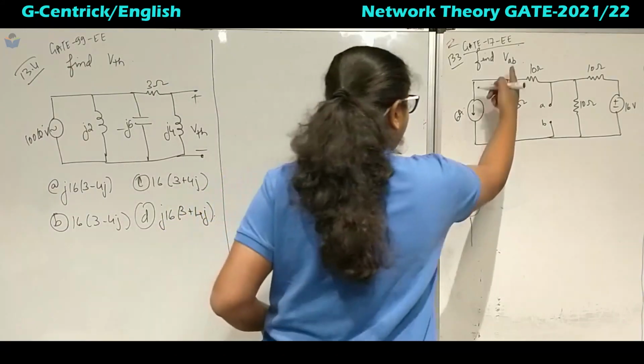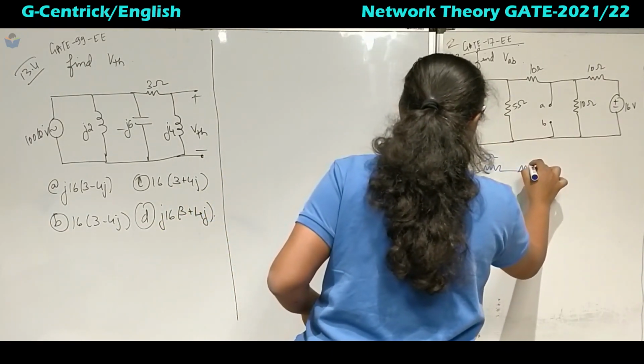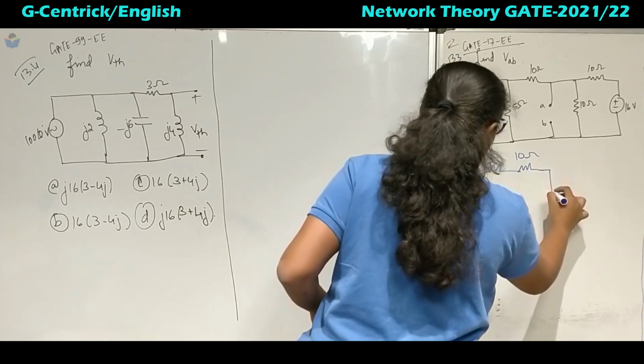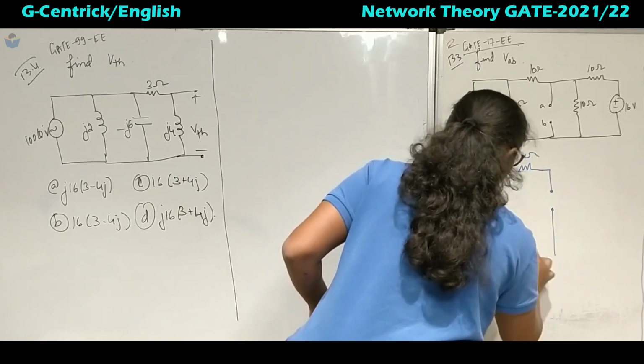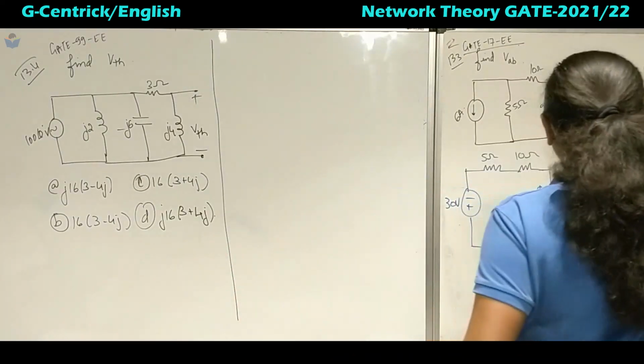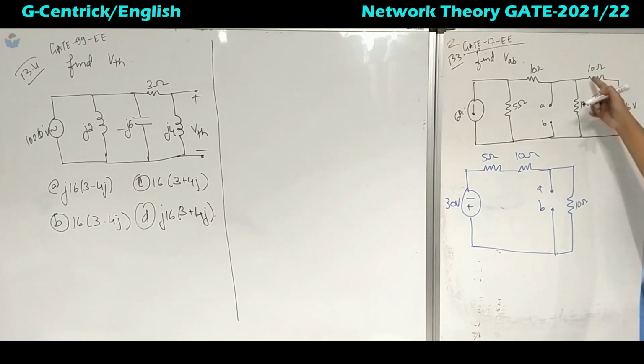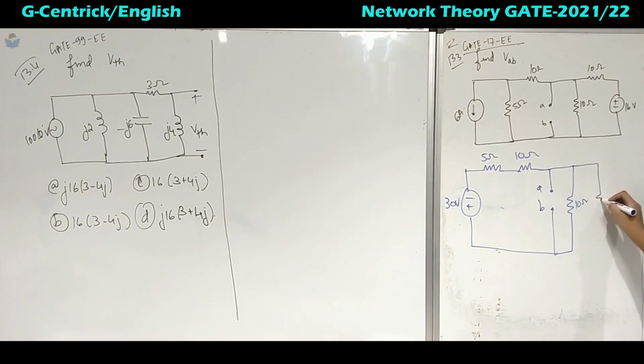This will come in series with this resistor. This is 5 ohm, this is 10 ohm, and here we have an open branch, that is A and B. In this case, this resistor will be as it is, 10 ohm. Now the series will come into parallel for converting it into a current source.